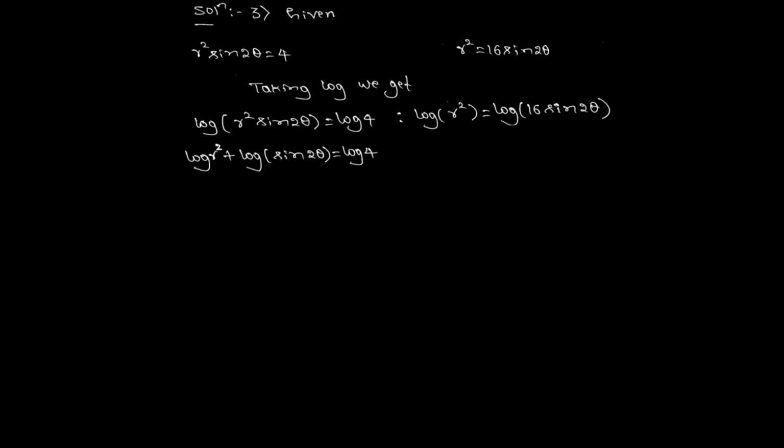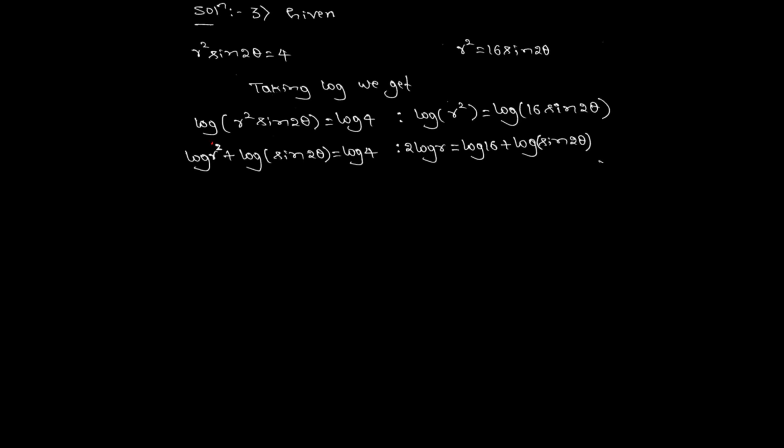Now this is of the form log of a to the power b, that is, r squared. By using the logarithmic identity you get 2 log r. Again we split this as log 16 plus log sin 2 theta.